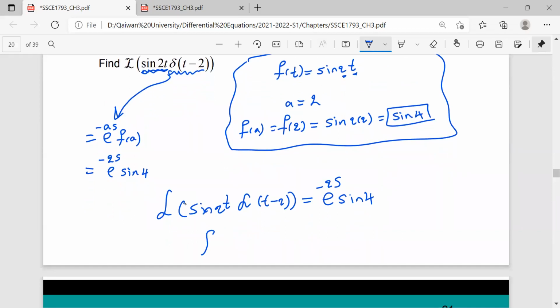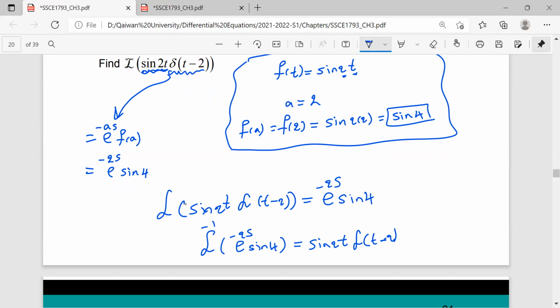How about the Laplace inverse of e to the power minus 2s sine 4? We say this equals sine 2t Dirac delta function of t minus 2. We return the function of f of s to f of t.